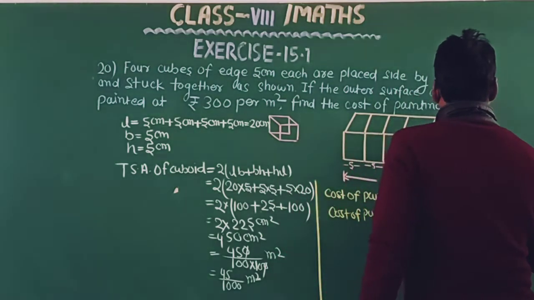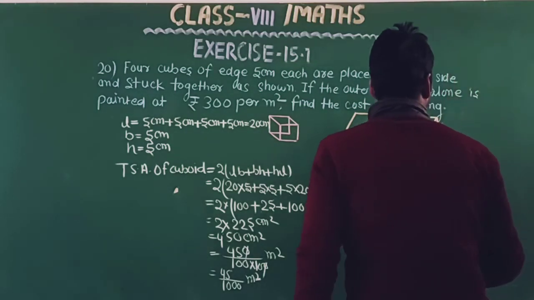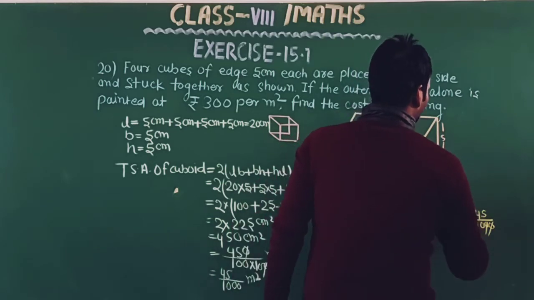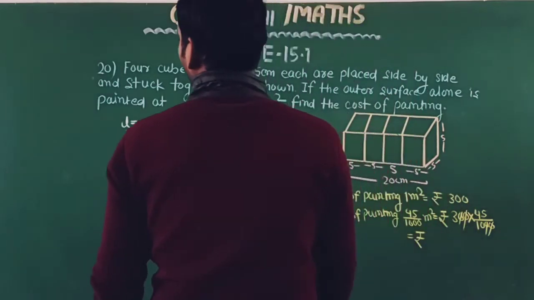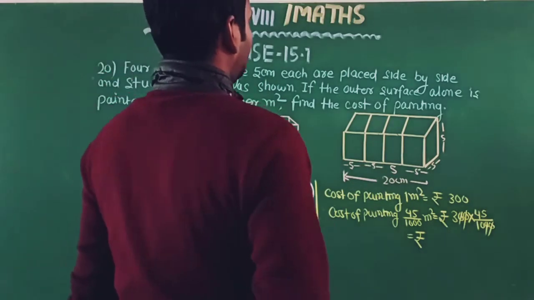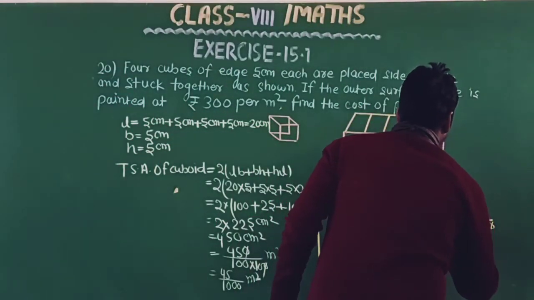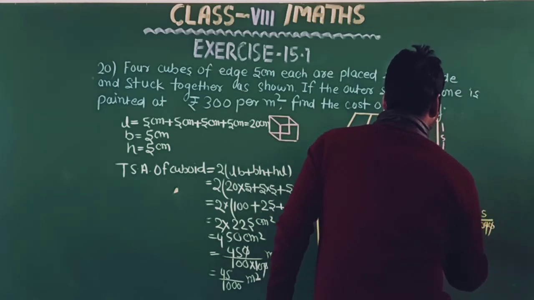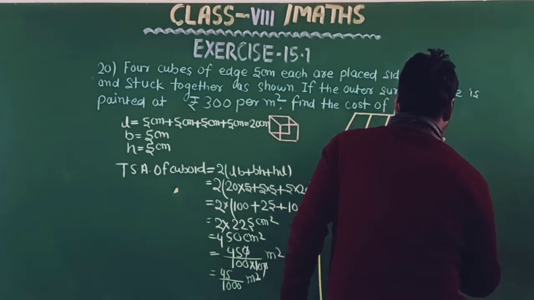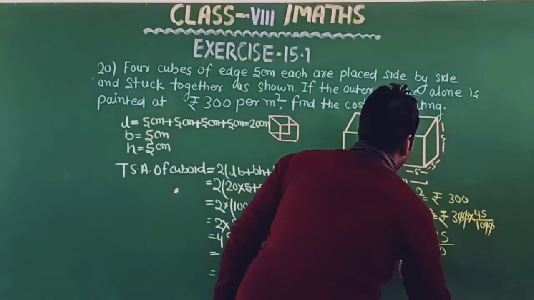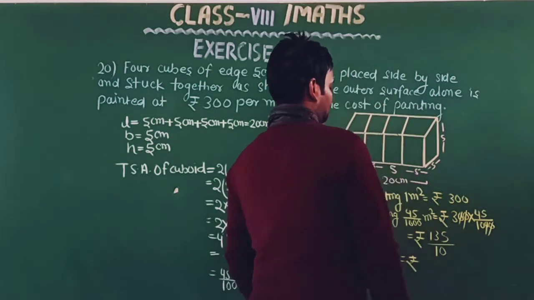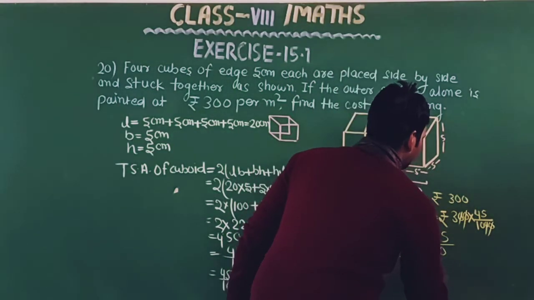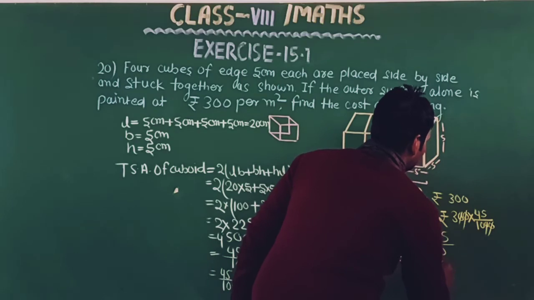We can cancel the common factor from numerator and denominator. Now multiply 3 into 45, so we get 135 upon 10. Again 135 divided by 10, so we will get 13.5.